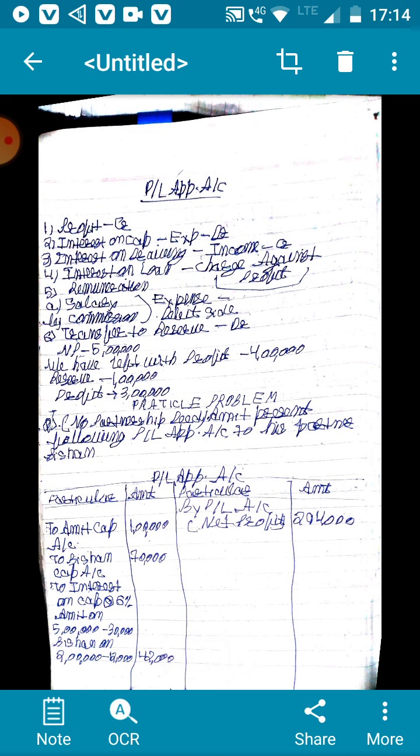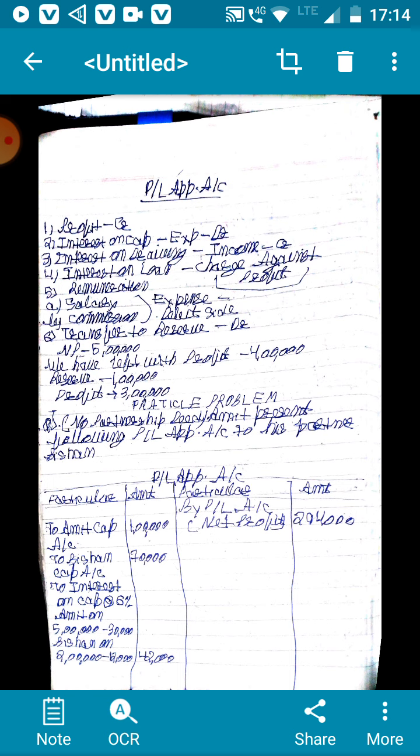Remuneration, which is debited in the profit and loss appropriation account, is given to partners as salary and commission. Now this is a question.